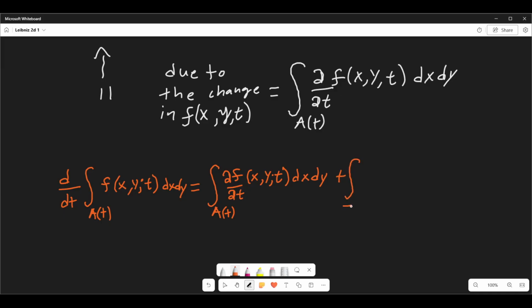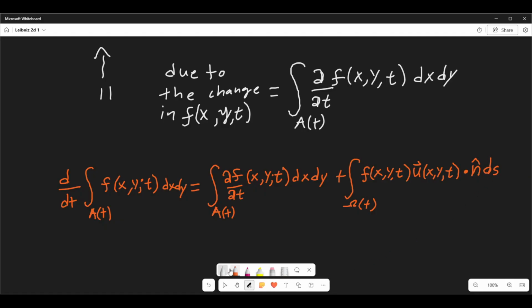the integral over the boundary as a function of t, the function again, f of x comma y comma t, and then the velocity field, which is a function of x and y, and it's also a function of time itself, dot product with n hat, which of course changes as it goes around the integral because it's always perpendicular to the boundary, and then ds.